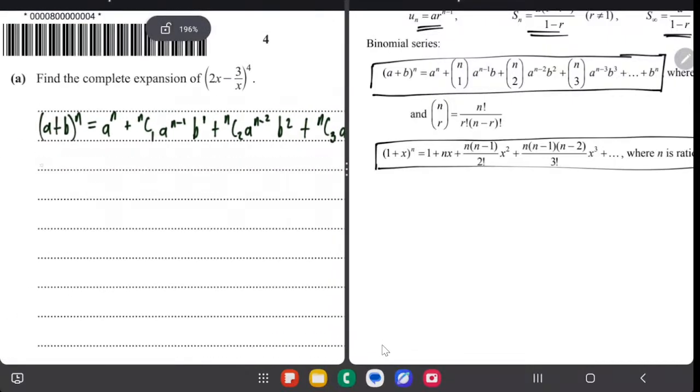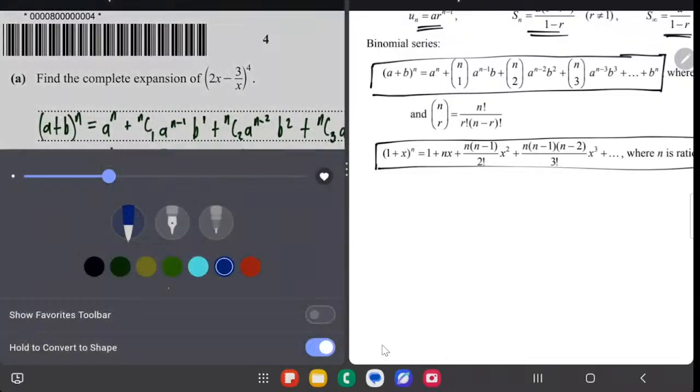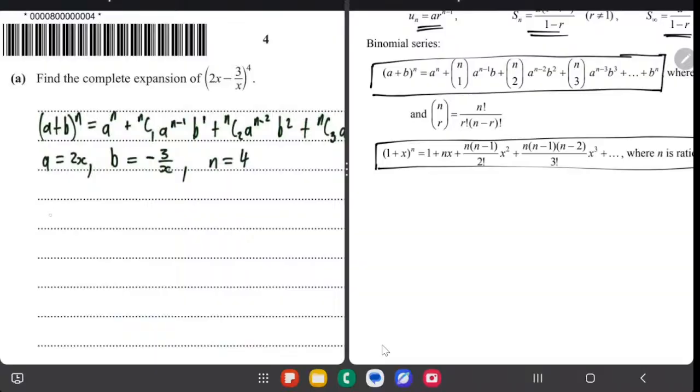So what you would now say, you would just say a is 2x, b is negative 3 over x, n is 4. Can you see that? So you'll be now just putting below. Everything is easy. You can now put to say, so that means 2x minus 3 over x, this is binomial expansion, okay?